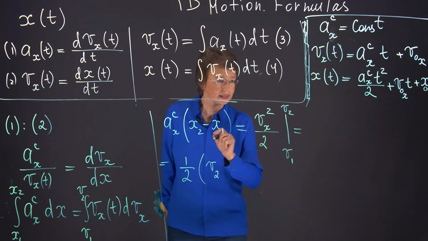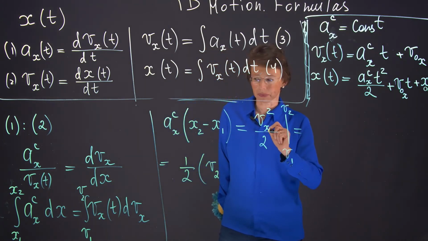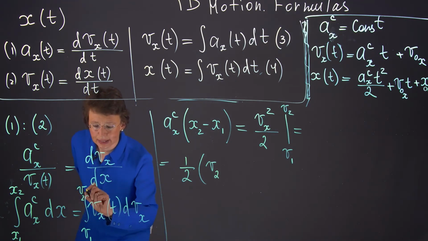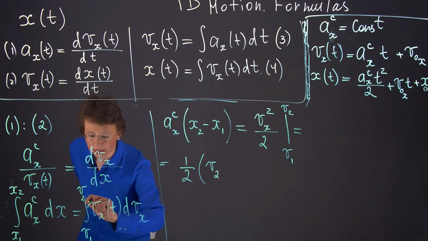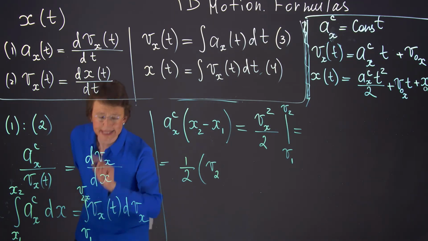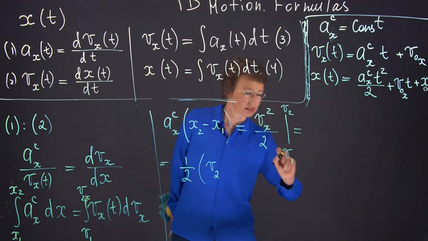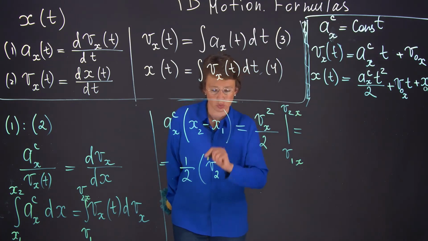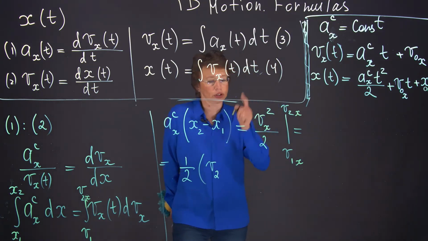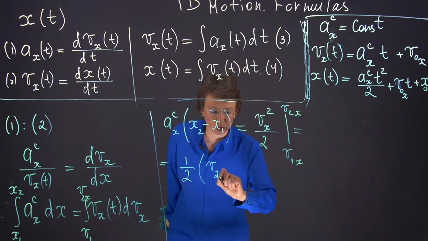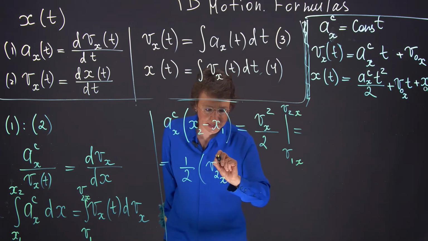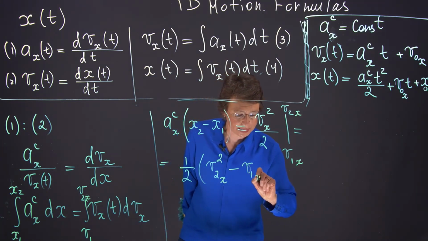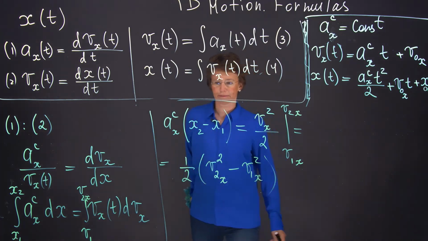I don't like it, and I will tell you why. What I skipped here, I skipped x. I skipped x here, and I skipped x here. Let's add x. And then it looks much better because we remember that all this motion is in one dimension. Now it looks good. v2x, we remind ourselves it's along x, squared minus v1x squared.